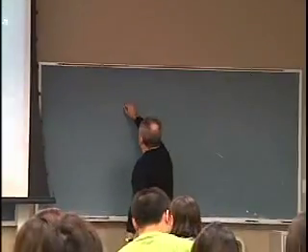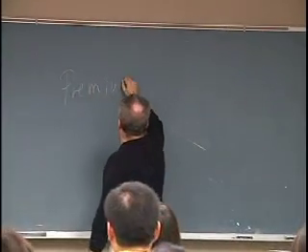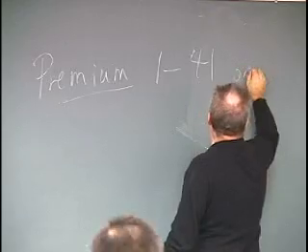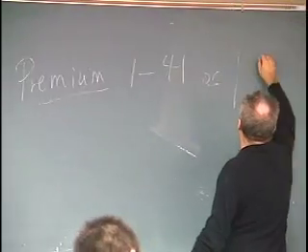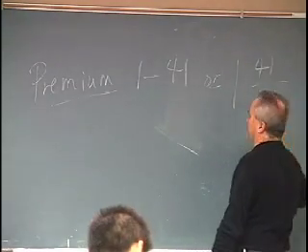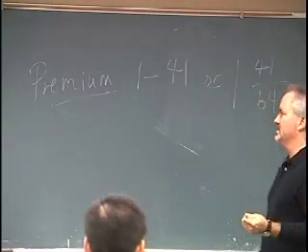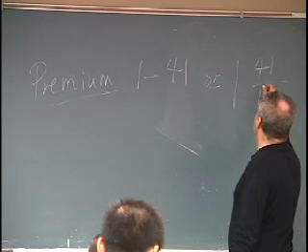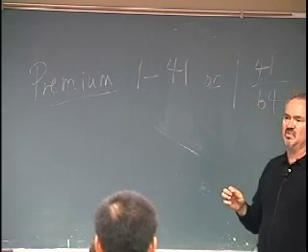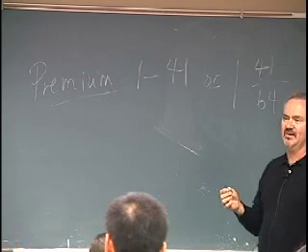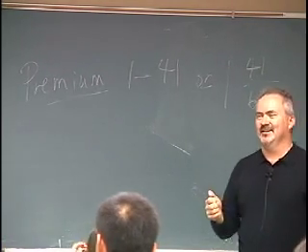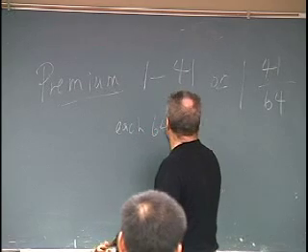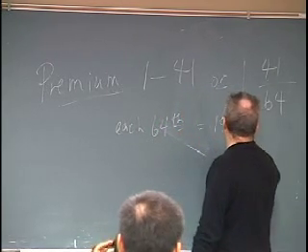So the premium is 1-41, or 1-41. Right? That's how the options are priced. They're priced in 64ths. And each 64th is worth 15.62. Do you recall when we discussed that? Do you know why that is? Right. Each 32nd, you know, is 31.25, right? So each 64th equals 15.62.